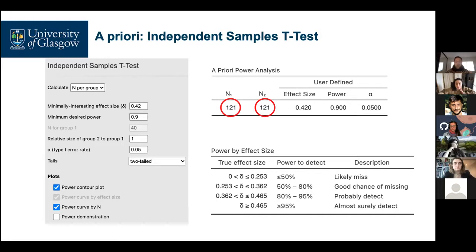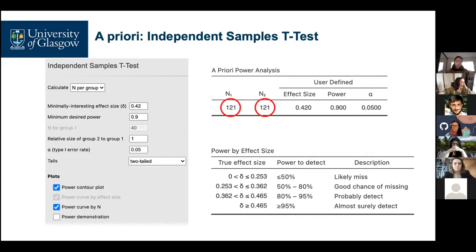Alpha, we talked about keeping it traditional, though you could argue it should be lower, so having a 5% alpha. One thing we haven't really talked about, more specific to t-tests between two groups or two conditions, is that we can have a two-tailed test, where the difference could be positive or negative and we're happy for either.